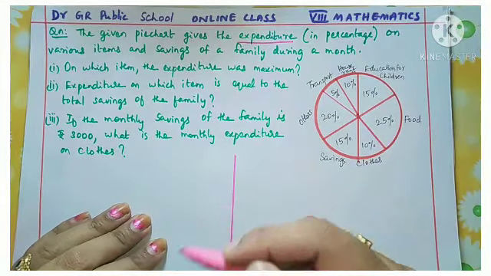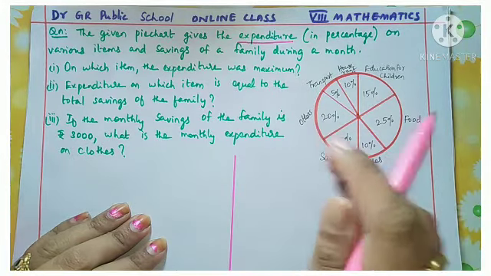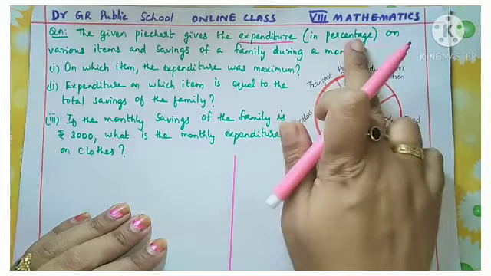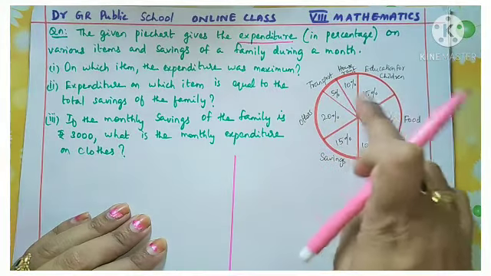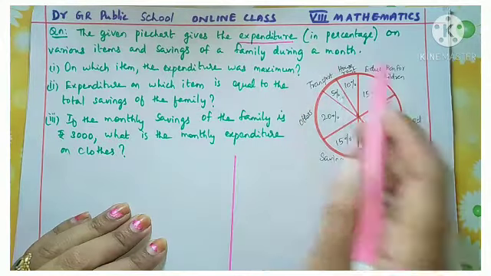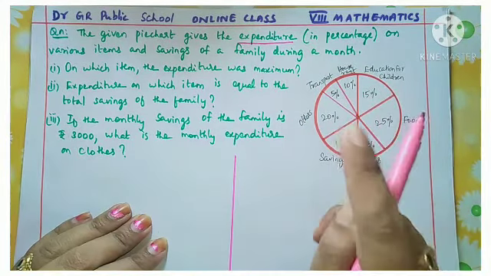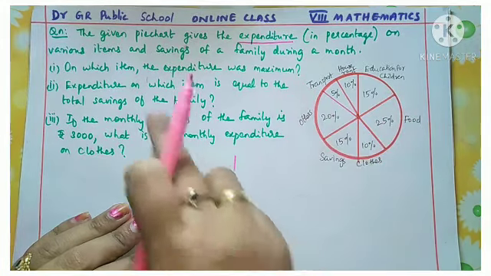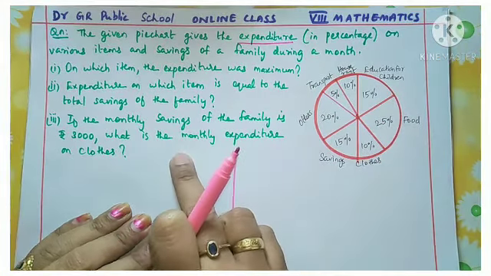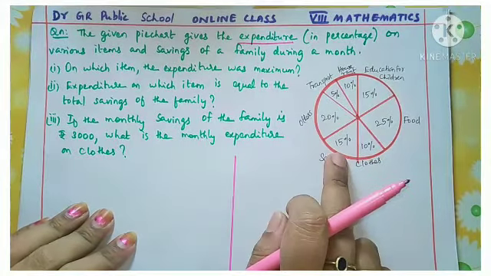Okay, so how much expense for various items, that is given in this pie chart in percentage. So the data is given in percentage, and savings of a family during a month. So expenditure is also given, savings is also given for 1 month. Now here are some subdivision questions. We need to find the answer of these questions from the pie chart.